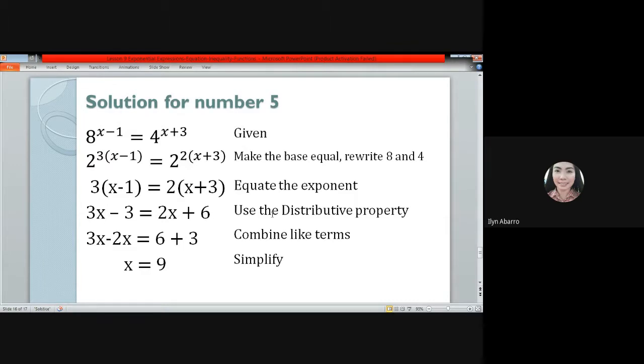Okay? That is distributive property. And then, combine the similar terms. So, pagsamahin nyo yung magkatulad. So, 3x, transpose mo yung 2x dito, magiging minus 2x is equal to 6. I-bring down mo lang. And then, yung negative 3, transpose mo dito sa right side, magiging plus 3. 3x minus 2x is equal to x, and 6 plus 3 is equal to 9. So, the answer is 9.